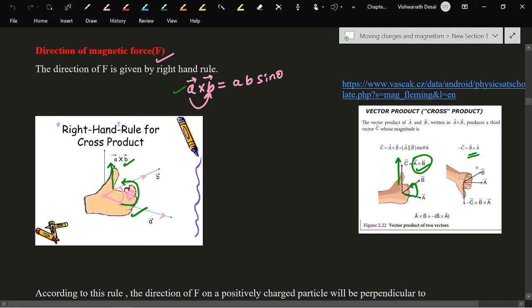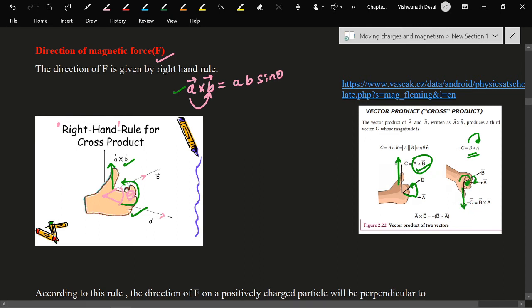Then you have to curl the finger from B towards A. So curl your finger from B towards A, and the thumb points in the downward direction.